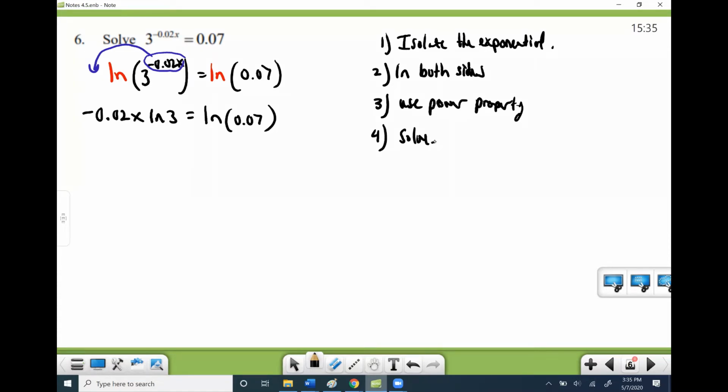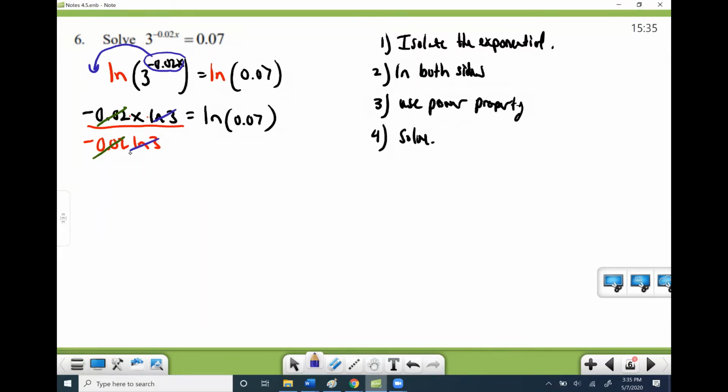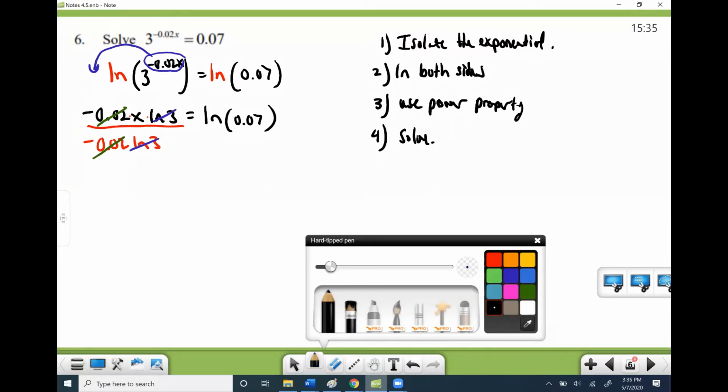So I'm going to go ahead and divide. Since all of these things are multiplying, right? All of them are multiplying. I can do it in one shot, you guys. I can just divide by negative 0.02 natural log of 3. And that'll make these two cancel, and then that'll make these two cancel, and that just leaves me with x.